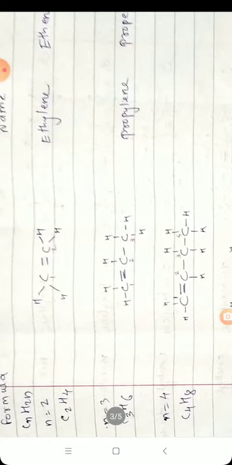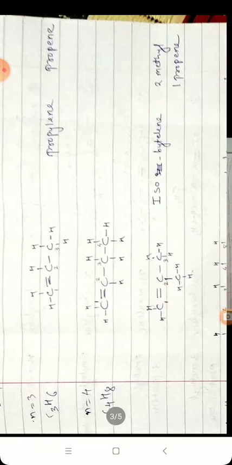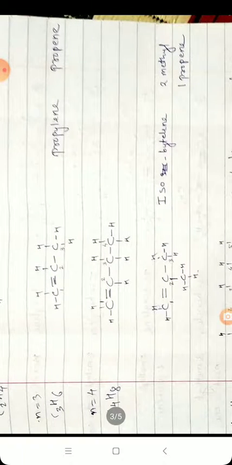If n is equal to 4, then we get 3 isomers. Here I draw 2 isomers. In the first, there are 4 carbons in a chain, and the first and second carbons possess the double bond. So what will be the common name? Here is some blank space for your practice.